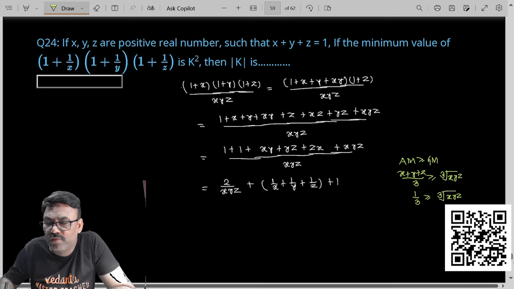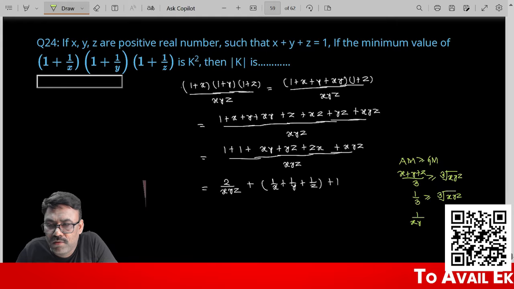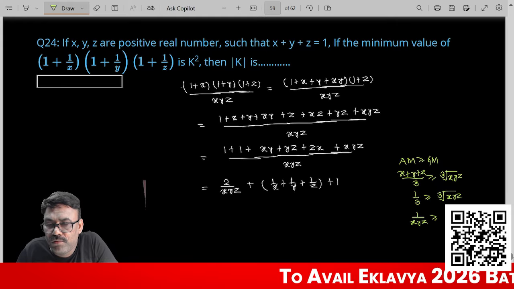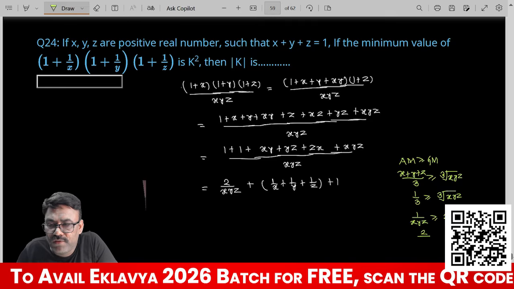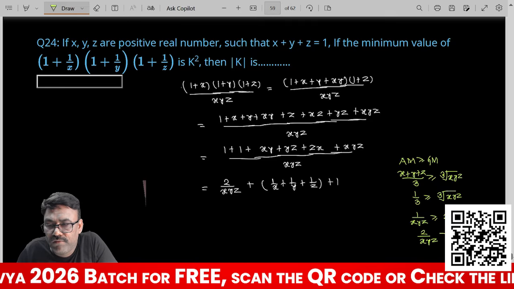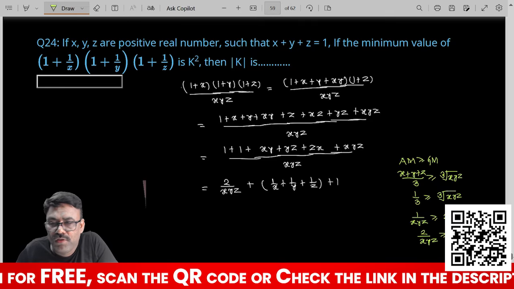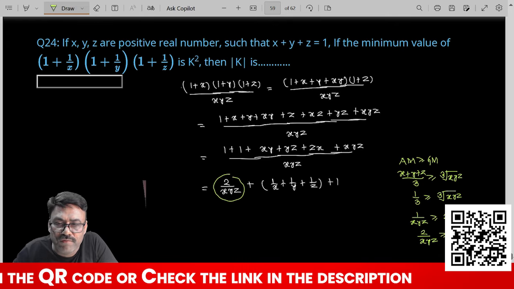If I do cubing on both sides, ultimately I'm getting 1 by xyz greater than or equal to 27. So this 2 by xyz is greater than or equal to 54. So this quantity is minimum 54.